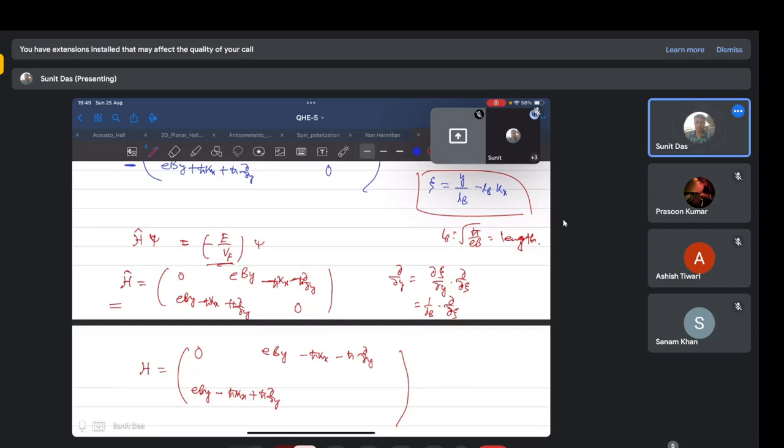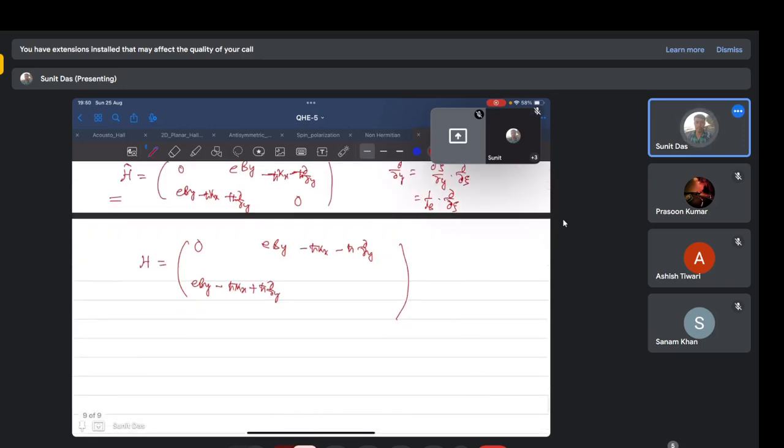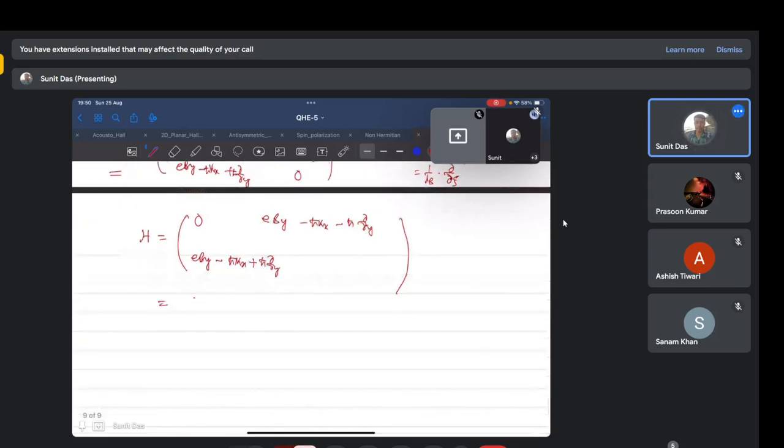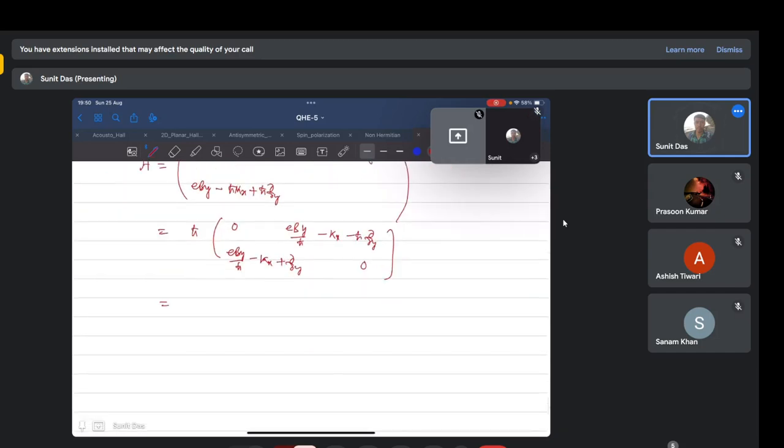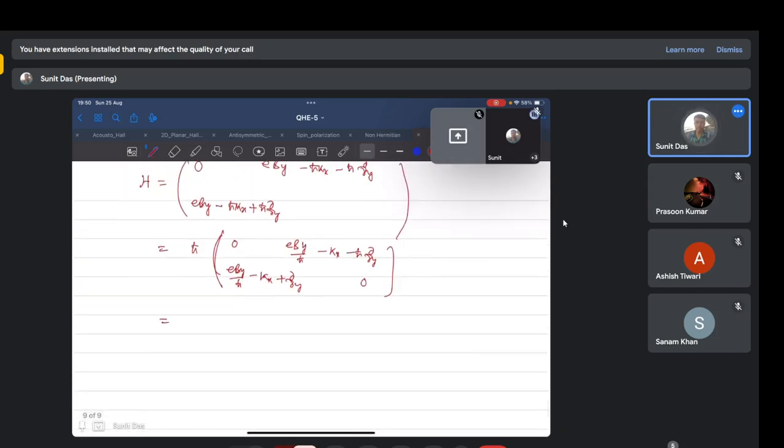So I need to have y by lB and lB times kx. I'll take h bar common: h bar times 0, eBy by h bar minus kx minus del y, eBy by h bar minus kx plus del y, 0.